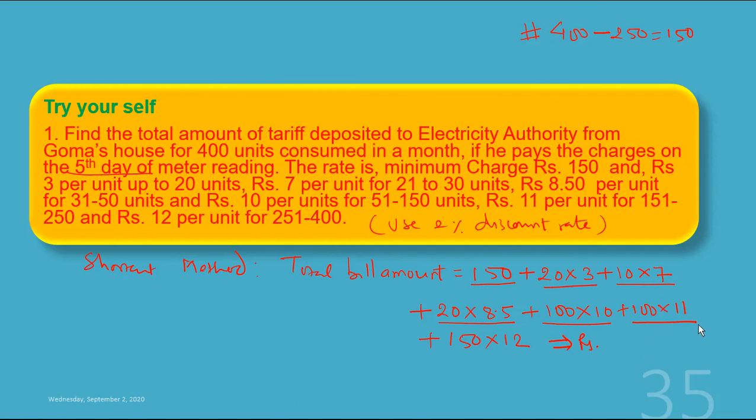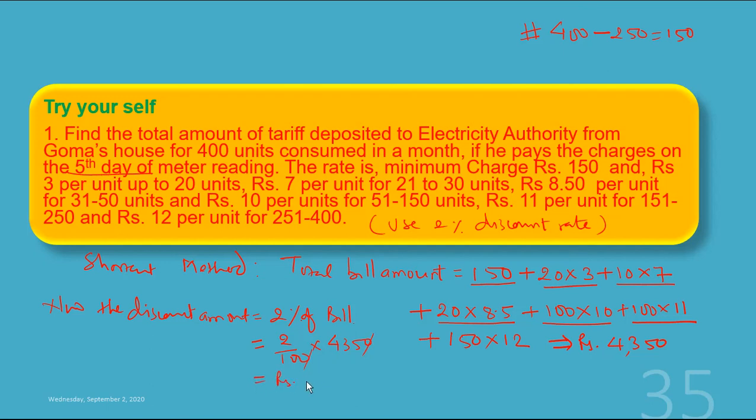Now the discount amount equals 2% of the bill, equal to 2 by 100 times 4,350. What is the product? This is 87.